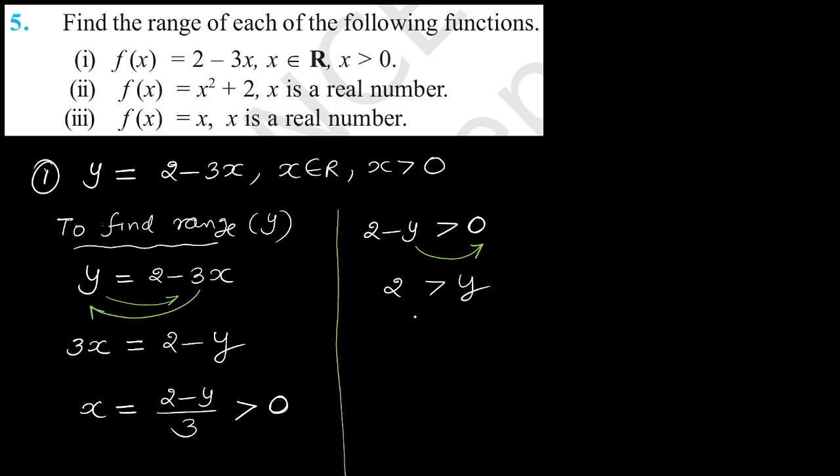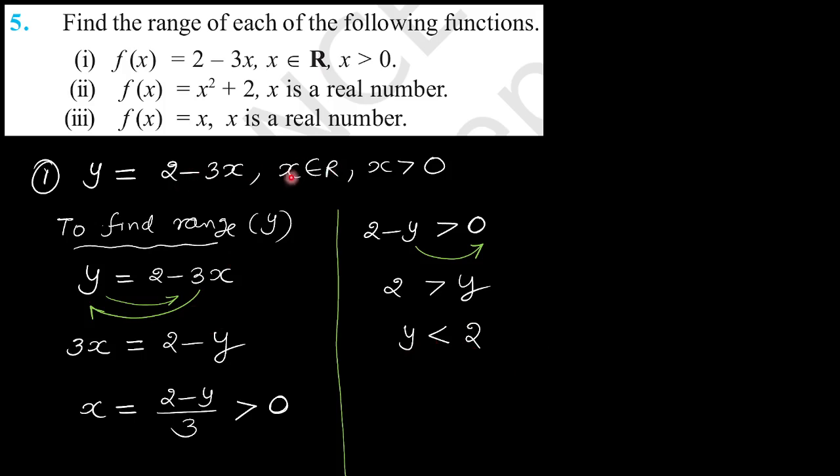2 greater than y or y less than 2, both have the same meaning. What is the range? Range is the set of values of y. So the value of y must be less than 2.